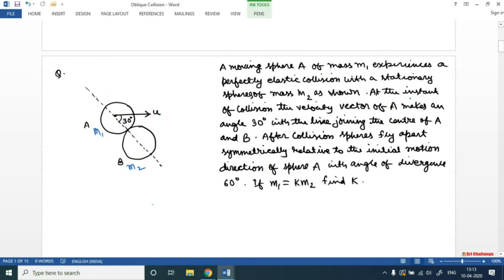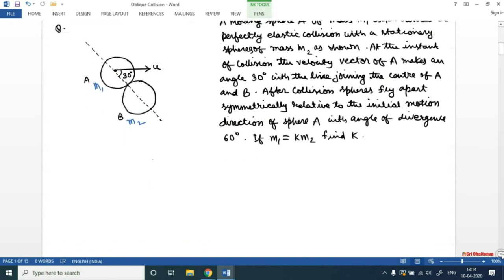At the instant of collision, the velocity vector of A makes an angle of 30 degrees with the line joining the centers of A and B as shown in the figure. After collision, the spheres fly apart symmetrically relative to the initial motion direction of sphere A with an angle of divergence of 60 degrees. So what does this statement really mean?